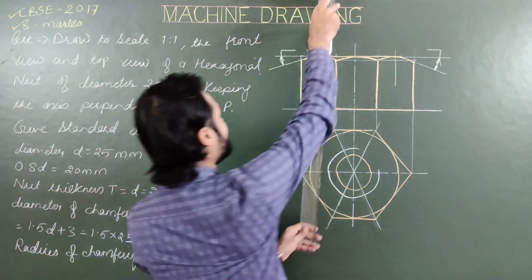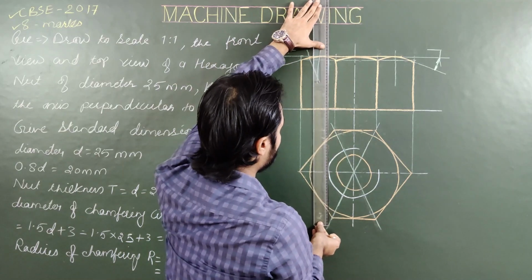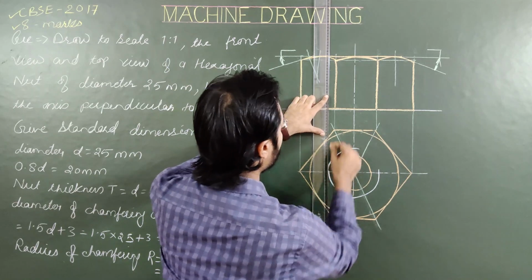Next, please sketch the limits of 0.8D and dia D. So these are two limits from this point.